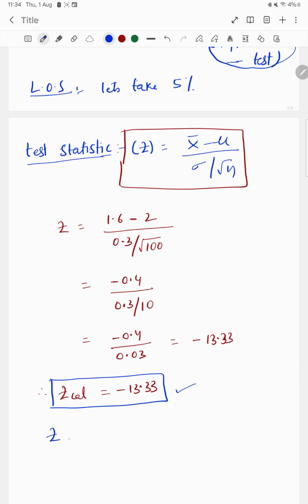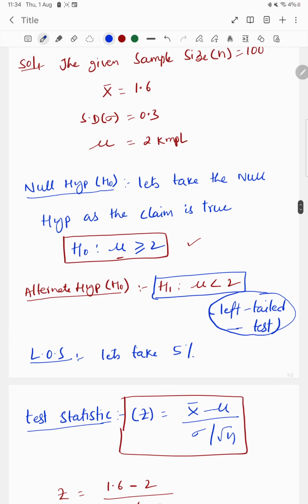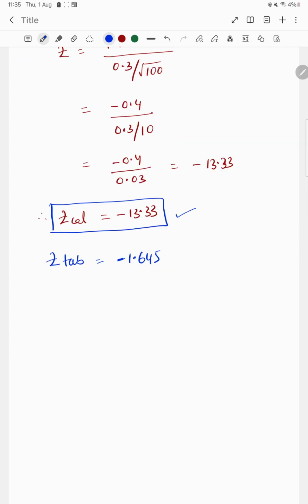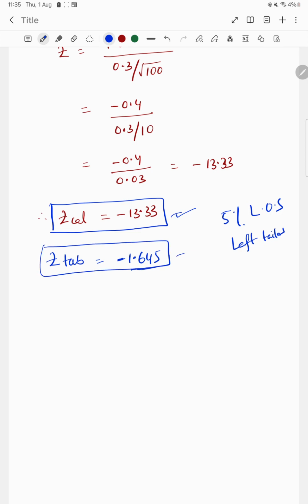Now we have to go for Z tab. Tab means the tabulated value at 5% level of significance for a left-tail test. So for Z test, for 5% level of significance, for left-tailed, our table value is minus 1.645. So once we get the Z calculated value and Z tab value, we can go for the conclusion.